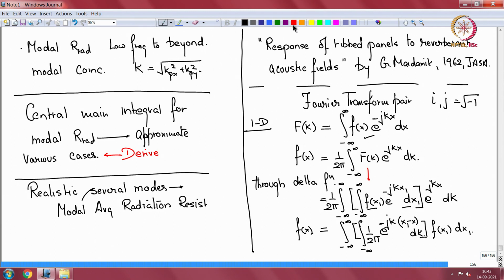So note this here, that I have f of x1 dx1 here, I have f of x here, and an integral over an infinite domain. So this has to be the delta function, this part, Dirac's delta function.